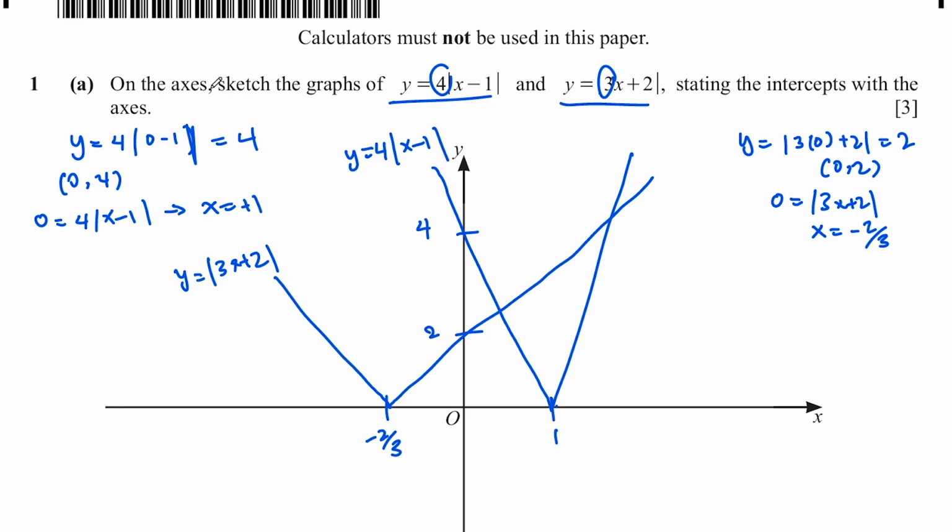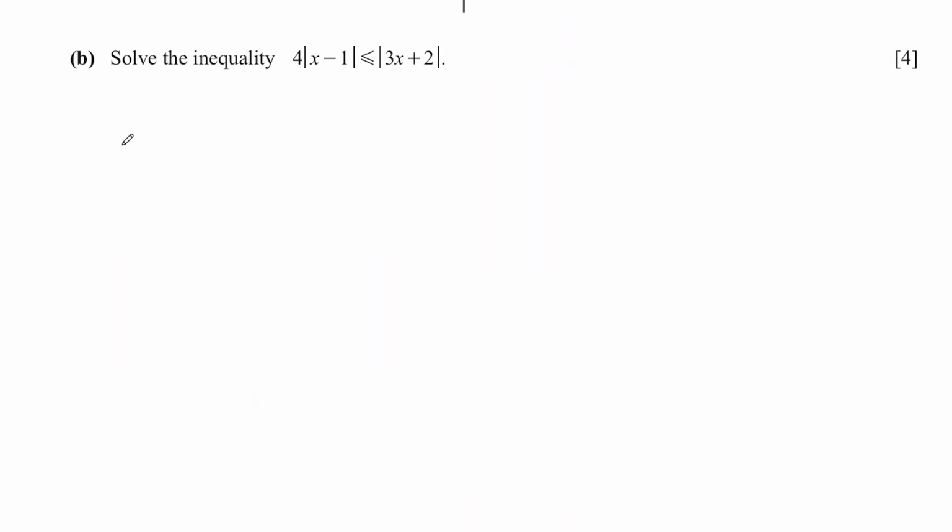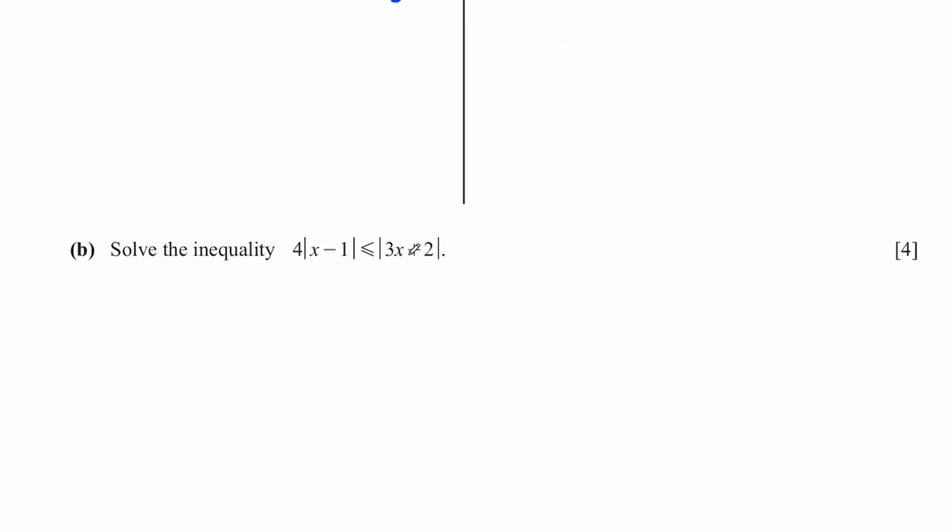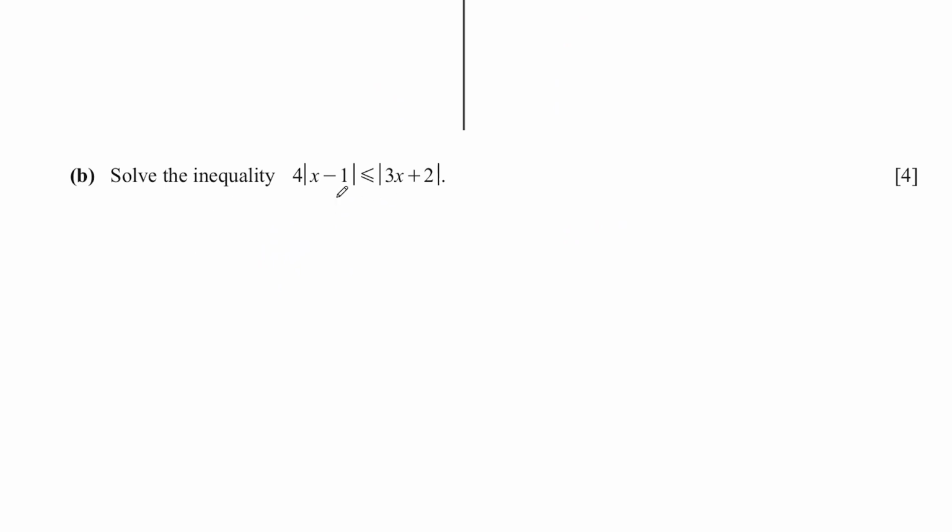Right, and as you can see that it has two intersection points, which will be useful information for part B of the question. Okay, so for part B, we're going to solve it algebraically first. There's two different methods of doing this. The first method I'll show you is to split it into the two cases where you equate one to the positive value of the modulus, and one to the negative value of the modulus.